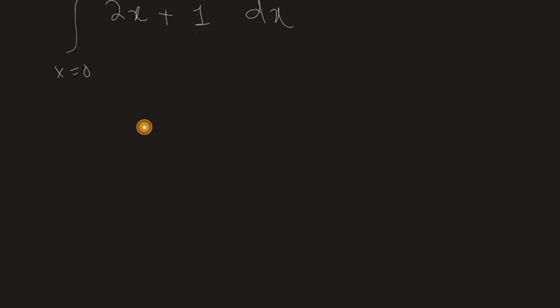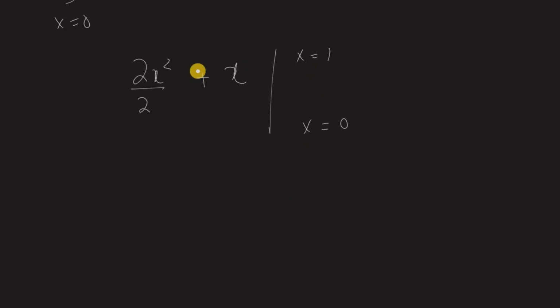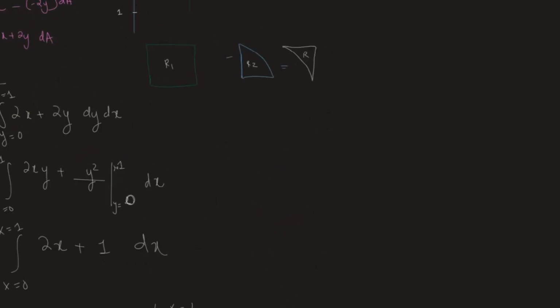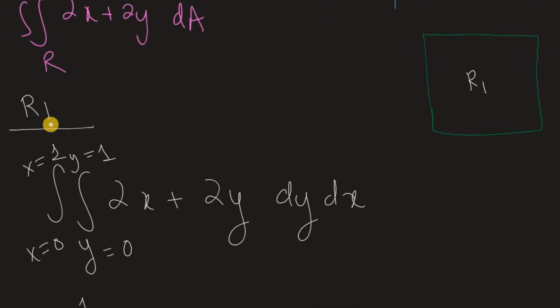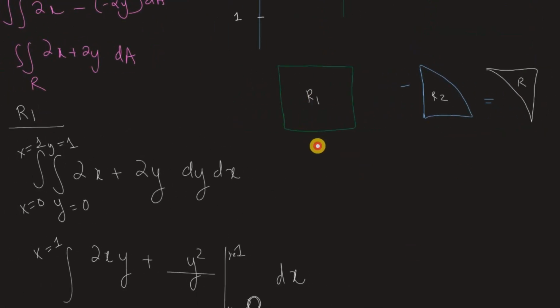So this is 2x squared over 2 plus, since it's a constant, we're going to put an x only, evaluated from x equals 0 to x equals 1. Now let's plug 1 inside it. This becomes 1 plus 1, and of course the 0 is going to give you 0 only. So you get 2 as the final answer for region 1.